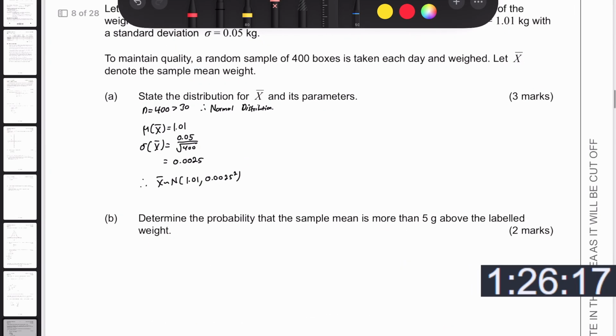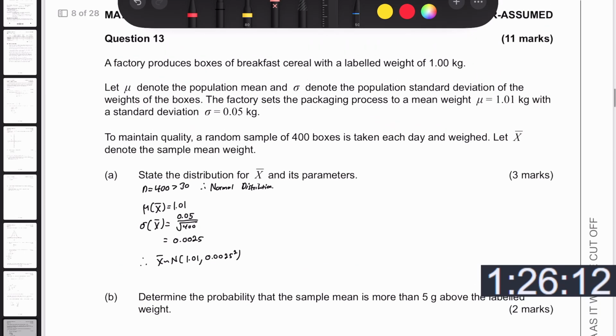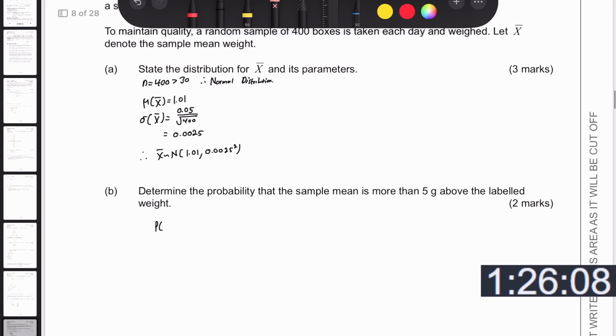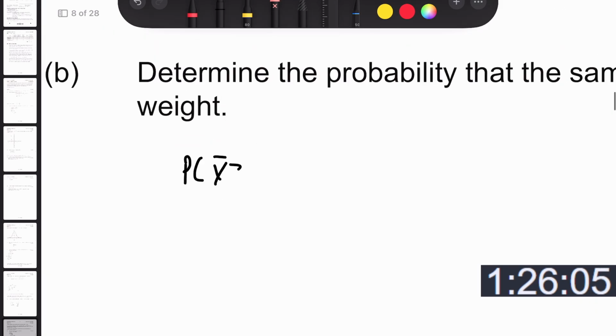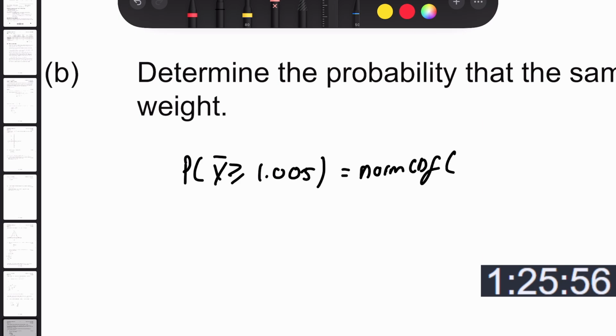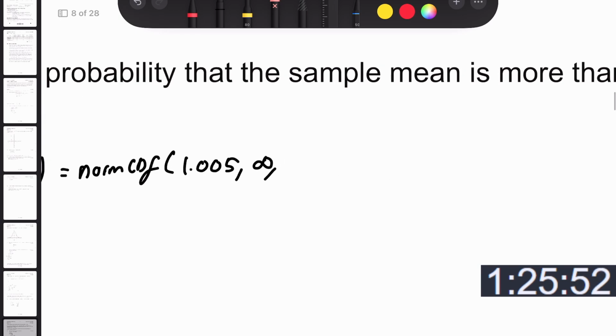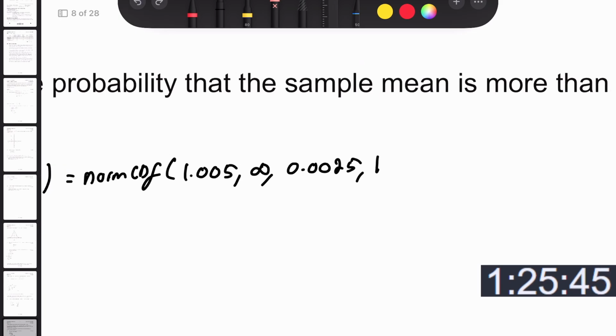So the probability that the sample mean is more than 5 grams above the labeled weight. So probability that x-bar is greater than or equal to 1.005. There's going to be a norm CDF of 1.005 to infinity, where my standard deviation is 0.0025 and mean 1.01.